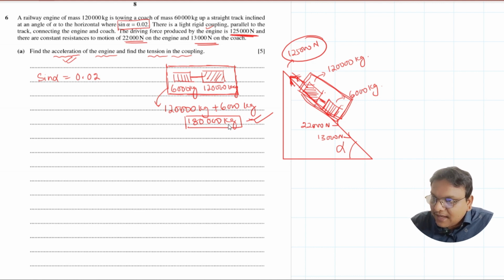Now tell me, for this system, definitely one force will be applied downwards, that is mg. We know this one, the mass of the system times the acceleration due to gravity. One more force will be applied horizontally backwards.